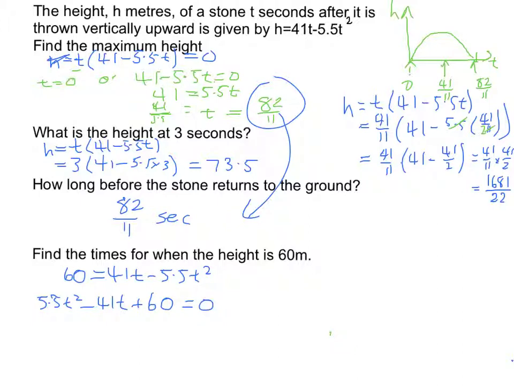Now looking at this, I think the best way of solving this would be to use the quadratic equation, negative b plus or minus the square root of b squared, take away 4ac all over 2a, where we have 5.5 is equal to a, negative 41 is equal to b, and plus 60 is equal to c.